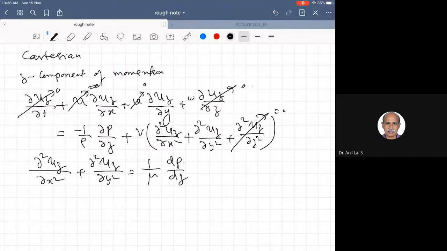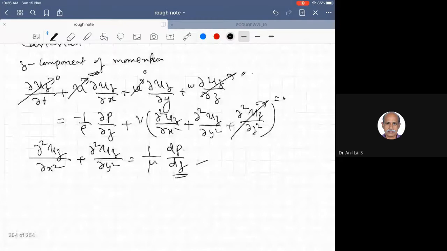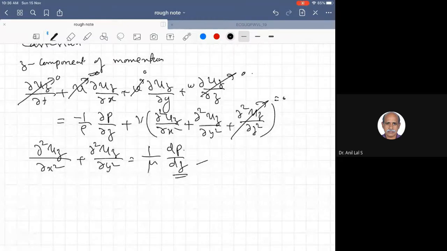The pressure is varying in this direction only for the developed flow region, so dou p by dou z is equal to dp by dz. And this is a Poisson's equation. The uz is the axial component of velocity which has to satisfy this Poisson's equation.